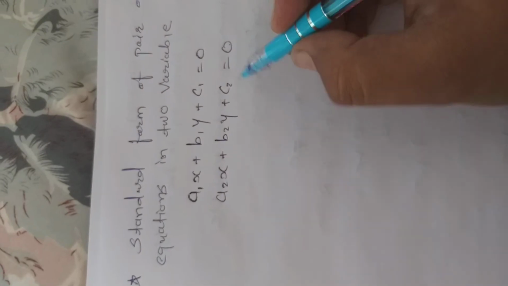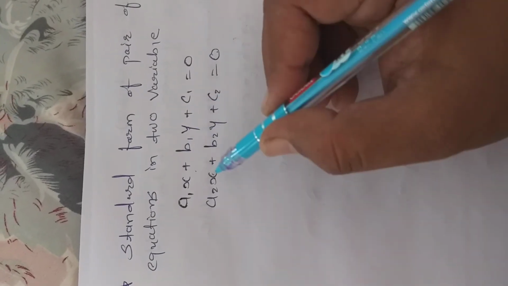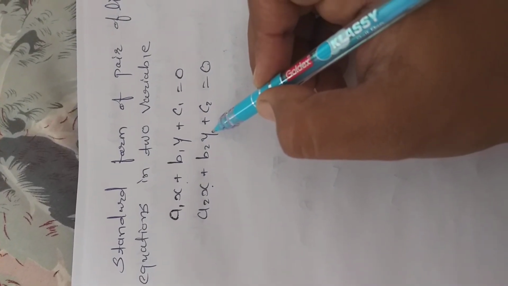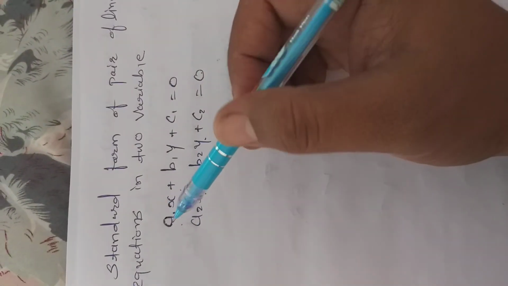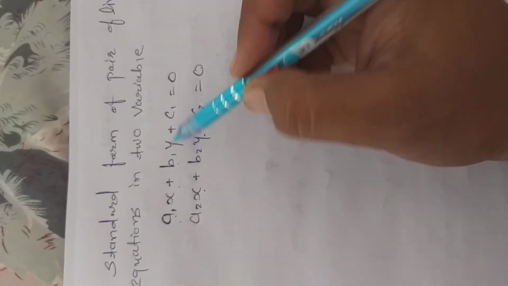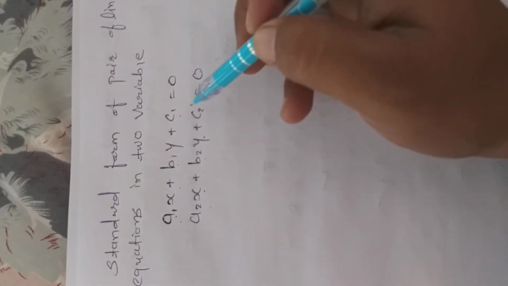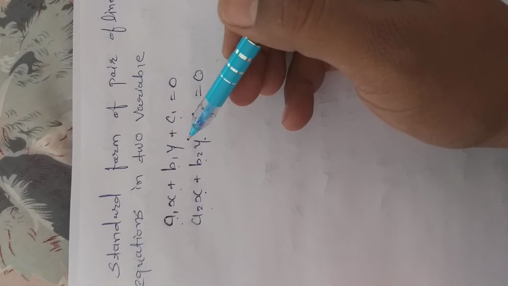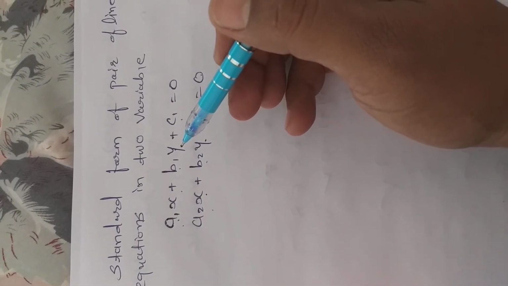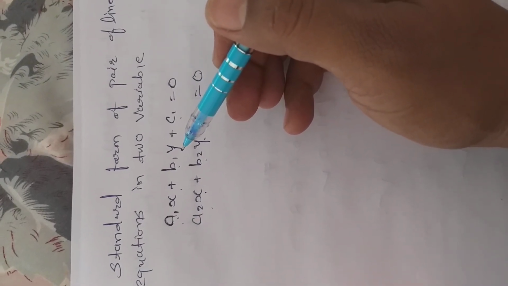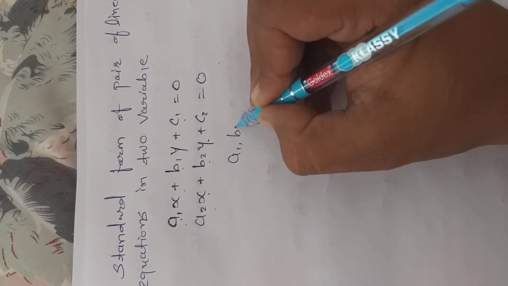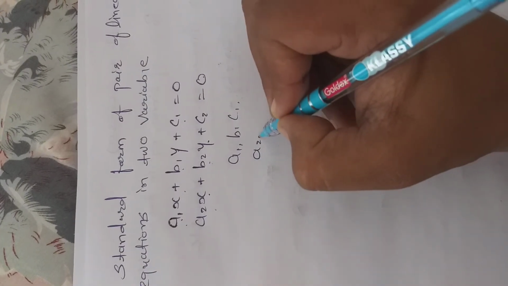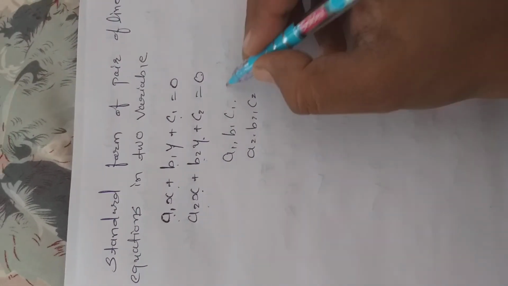Here also the necessary condition is that x and y cannot equal 0 at the same time. And as we have seen in the previous method, a1, b1, c1 and a2, b2, c2 are coefficients or constant terms. They belong to R, means all are real numbers.